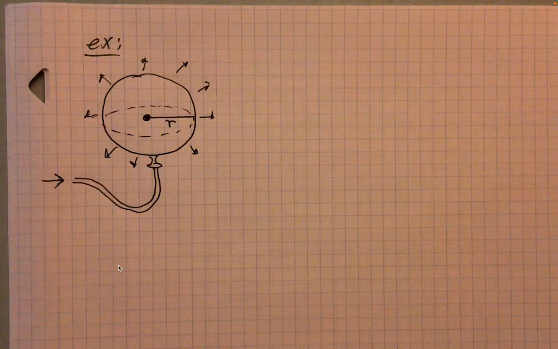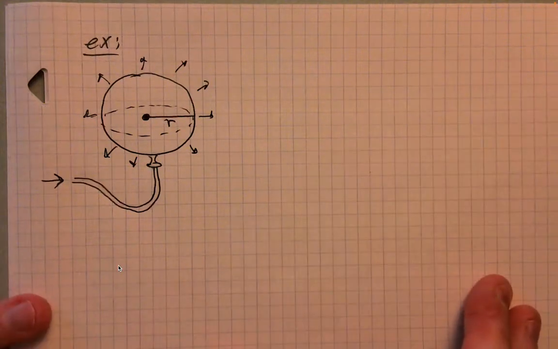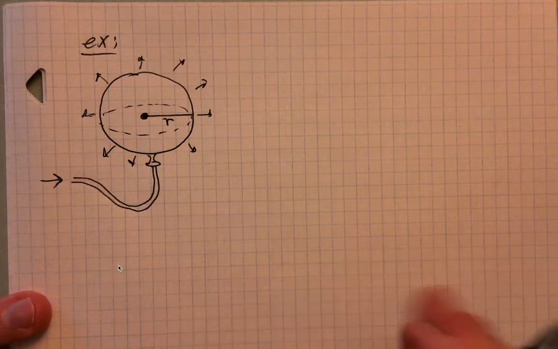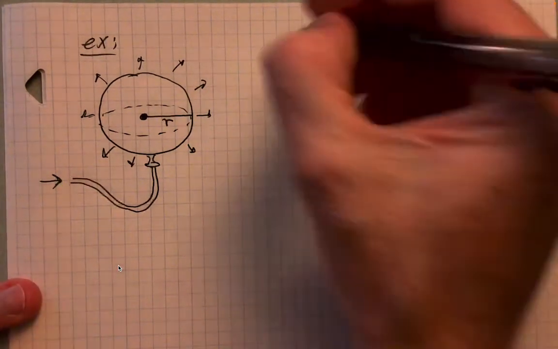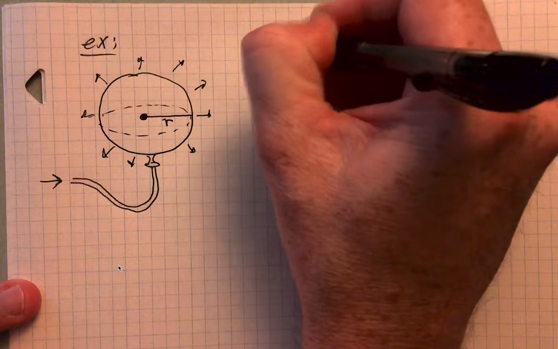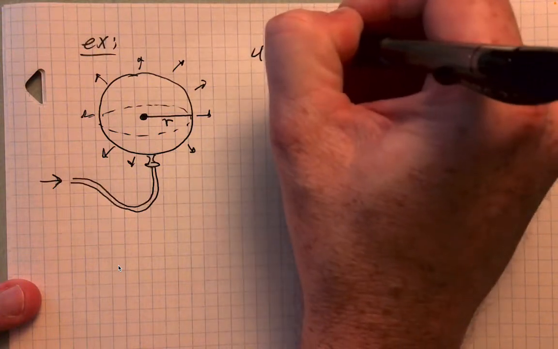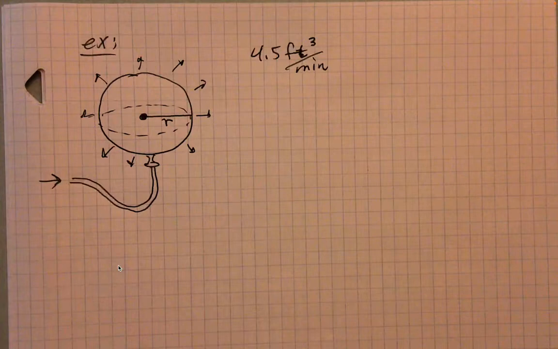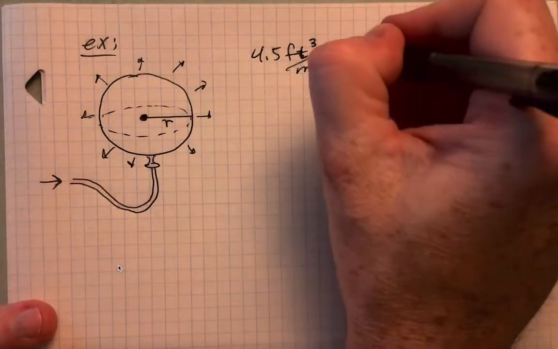Okay, so what do we know? Let's write the facts down here. The air is being pumped into the balloon at a rate of 4.5 cubic feet per minute. That's the rate at which the air is coming into the balloon.